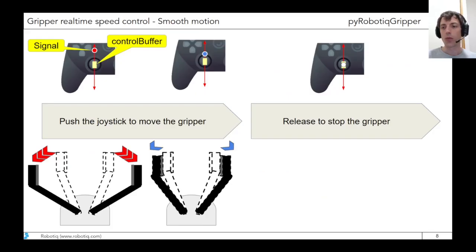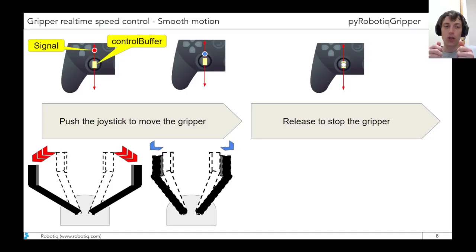So let's have a look at the control flow. Basically it will be like this. You have the gamepad in your hand, and first, let's say you want to approach an object, and the gripper is fully open. You want to first go fast to this object.